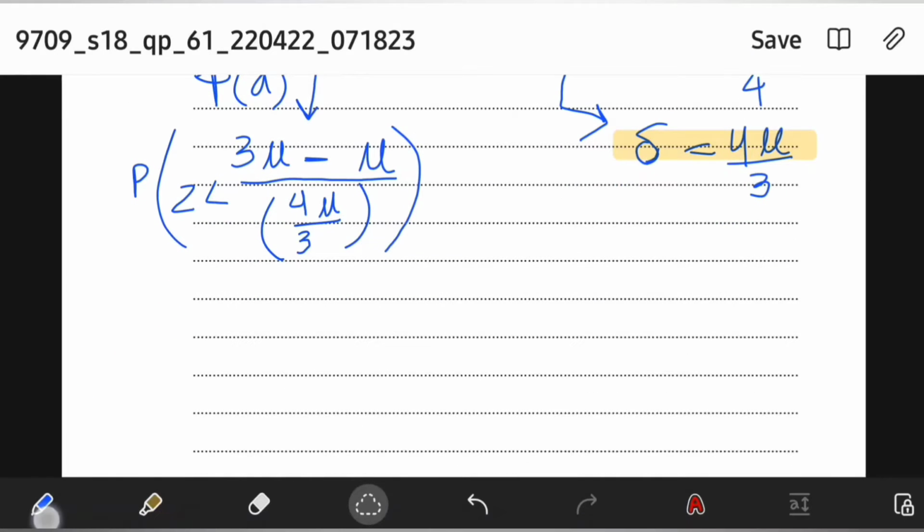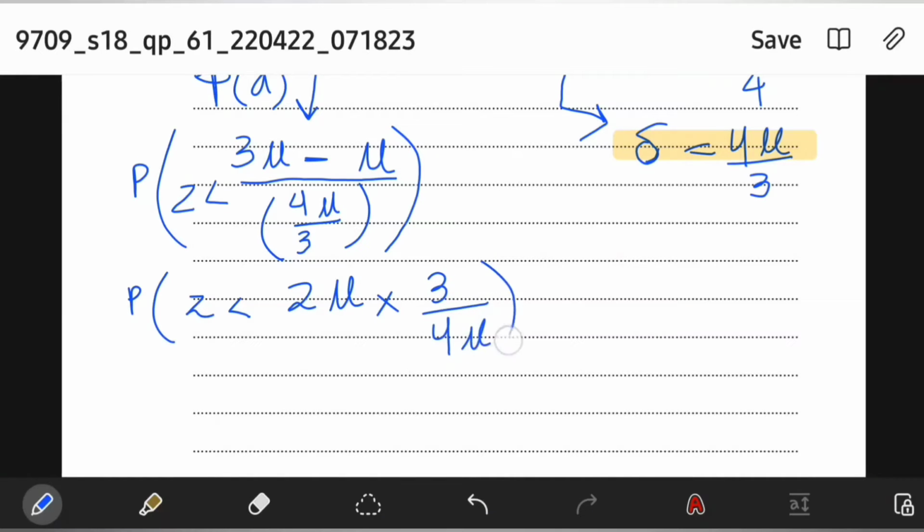Now let's simplify it. This would be 3 mean minus mean. That would be 2 and 3 over 4. This would become then, this cancels out. Right, so this becomes 1.5.